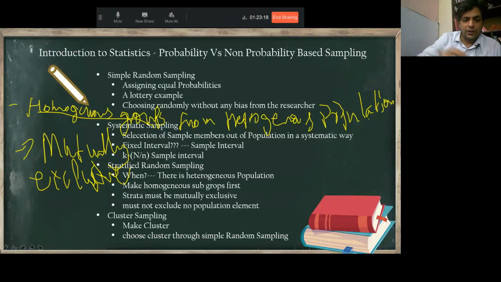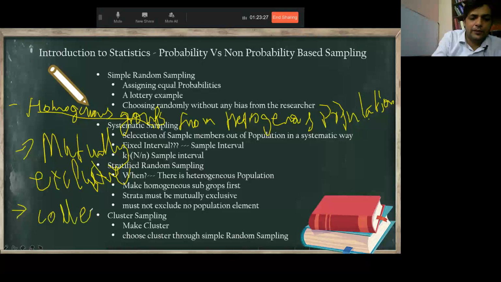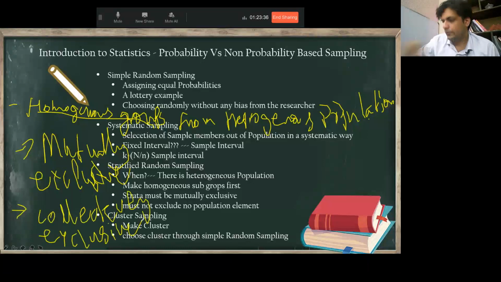The third one, which is very important, is that the strata should also be collectively exhaustive. That is, no population element can be excluded. So we consider all the population.